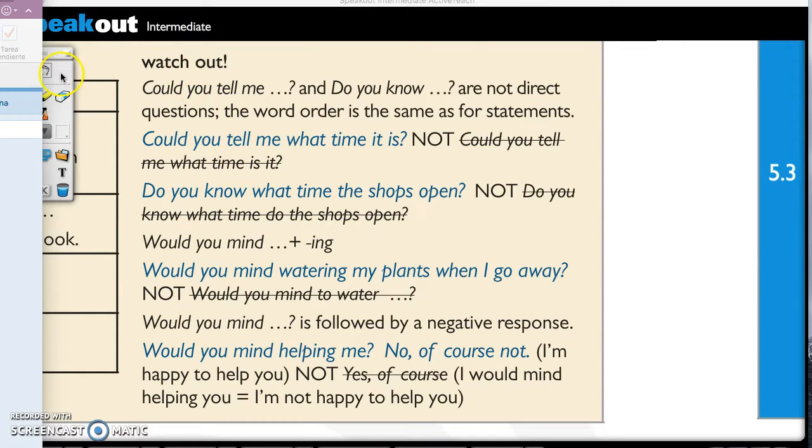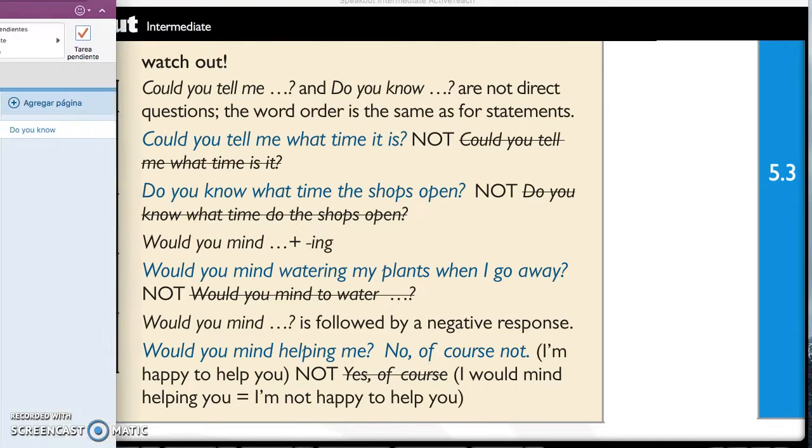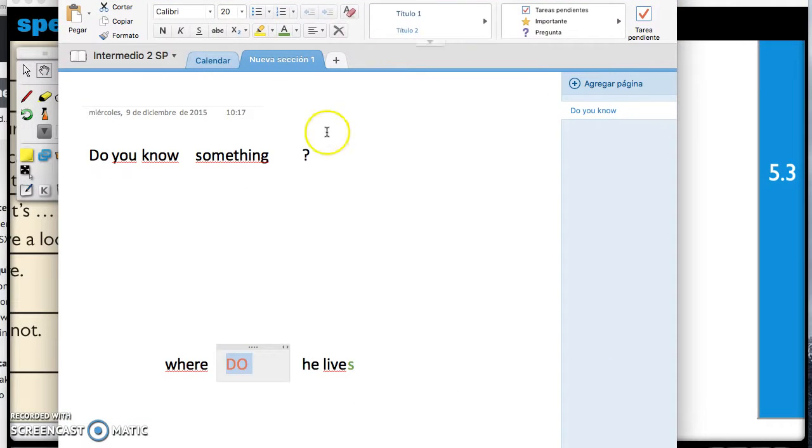Here there's a warning for you when you write indirect questions like this. Have a look at this question. Do you know something? The main verb is know, the subject is you, and the auxiliary is do.